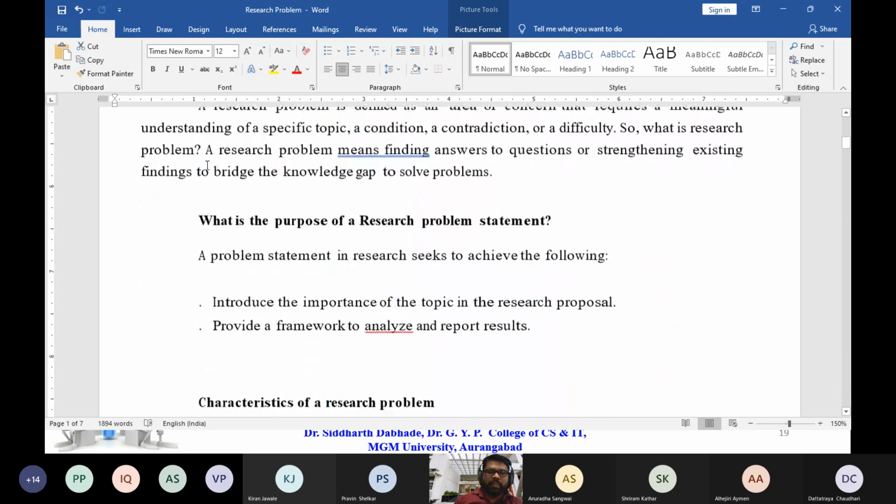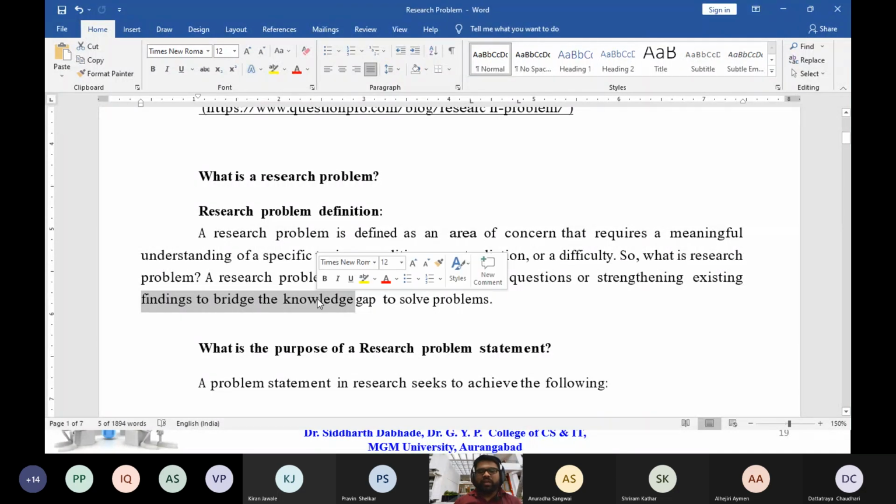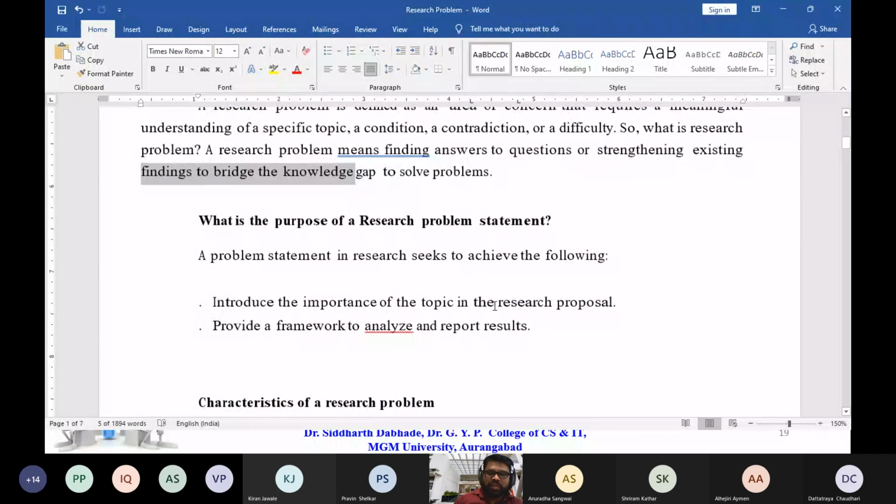This definition we have already seen. The research problem will be able to fill the gap in your knowledge. So what is the purpose of this research problem statement?